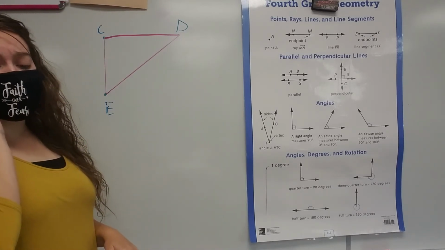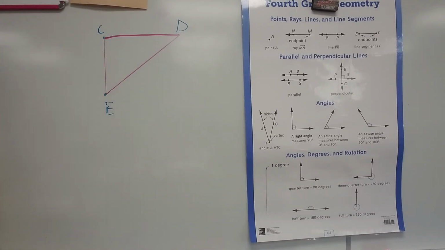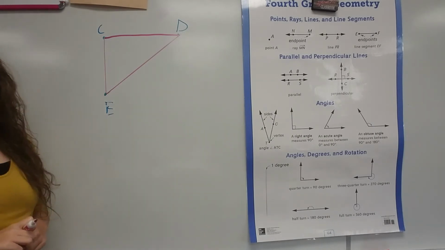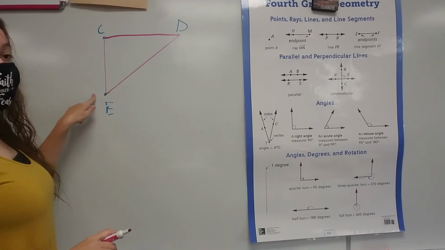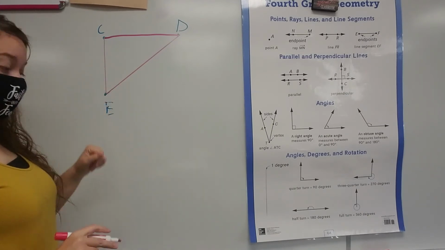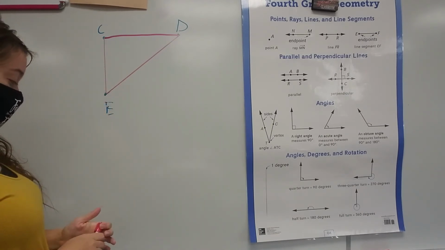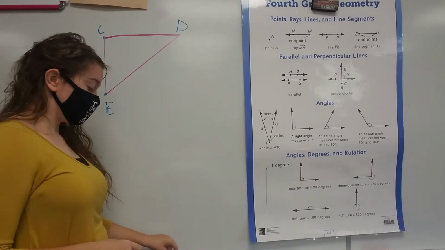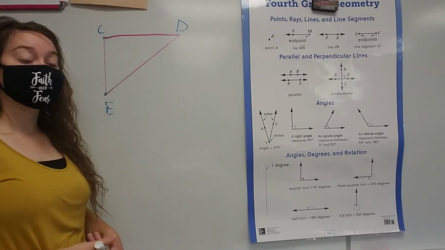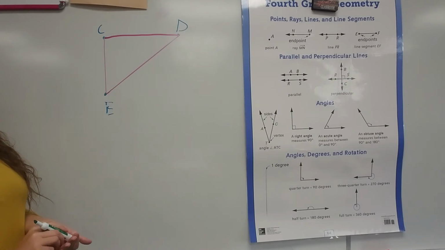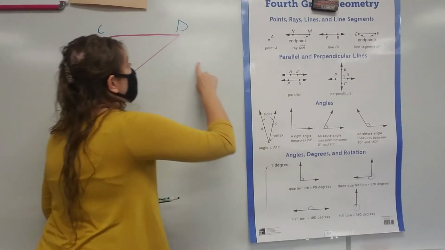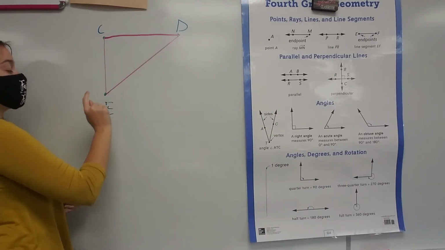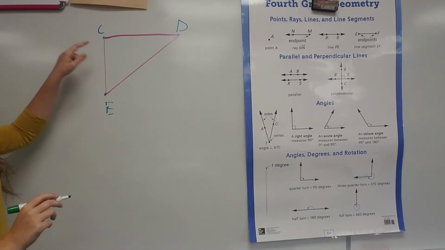Okay, so it says, what type of angle is DCE? So now we're looking at angle DCE. Is it right, acute, or obtuse? We're looking at this angle right here.